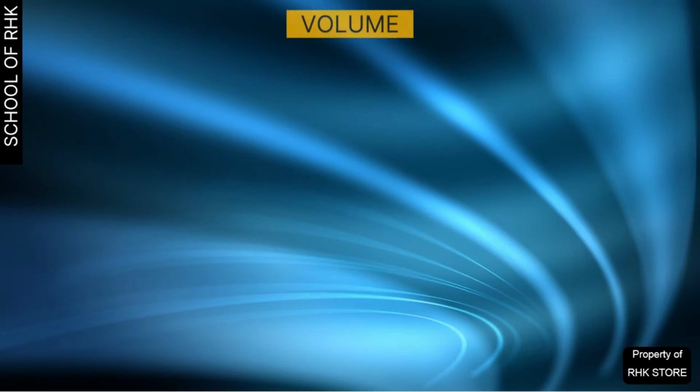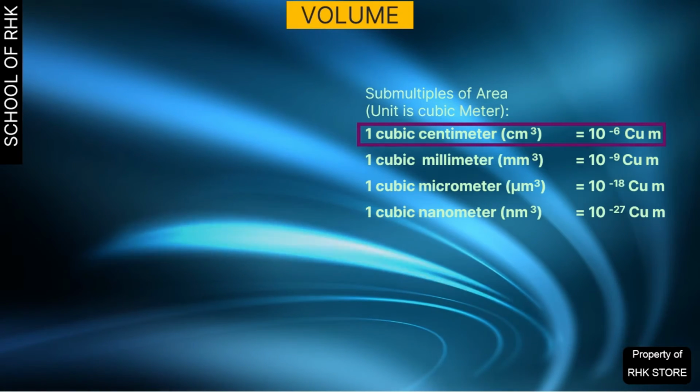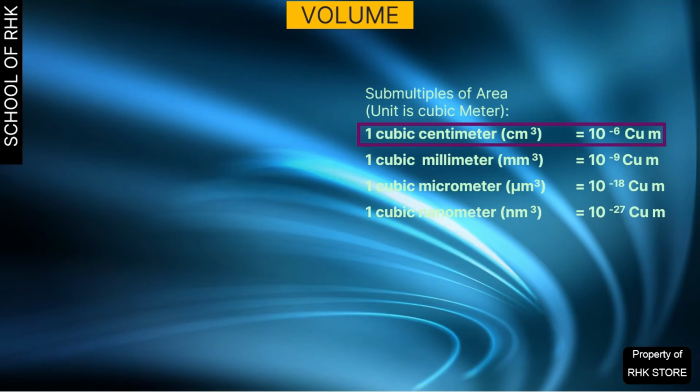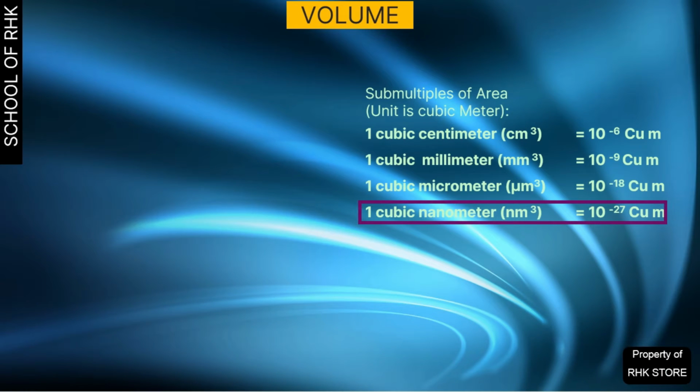Submultiples of volume are 1 cubic centimeter equals 10 raised to the power of minus 6 cubic meter. 1 cubic millimeter equals 10 raised to the power of minus 9 cubic meter. 1 cubic micrometer equals 10 raised to the power of minus 18 cubic meter. 1 cubic nanometer equals 10 raised to the power of minus 27 cubic meter.